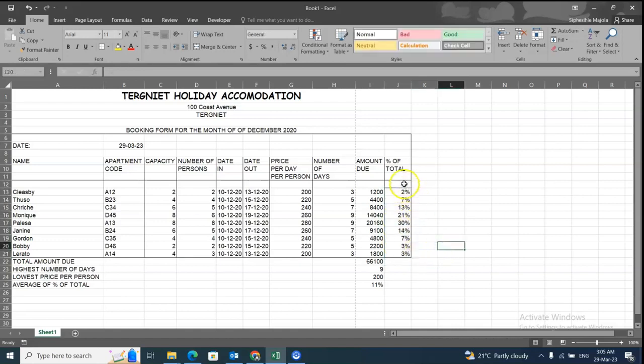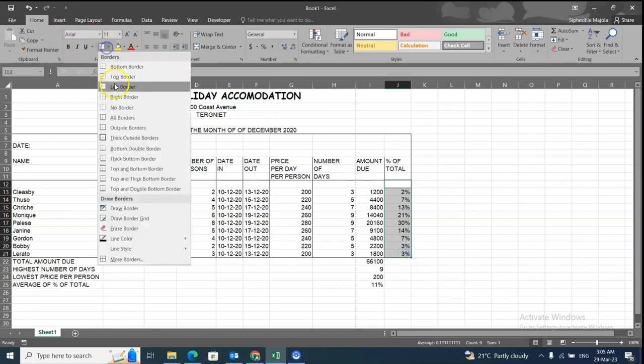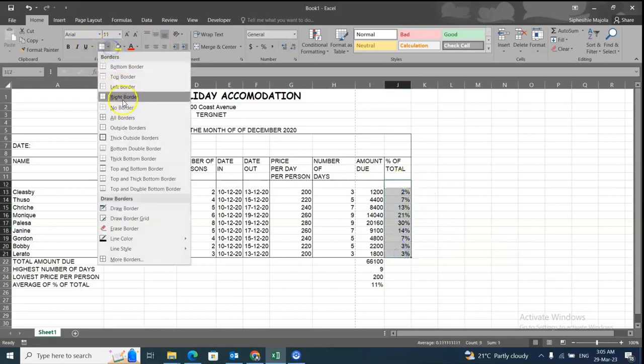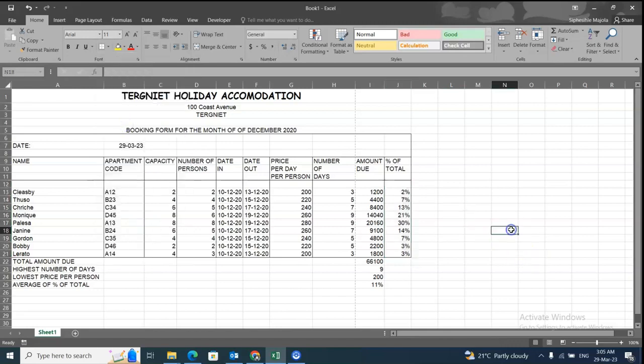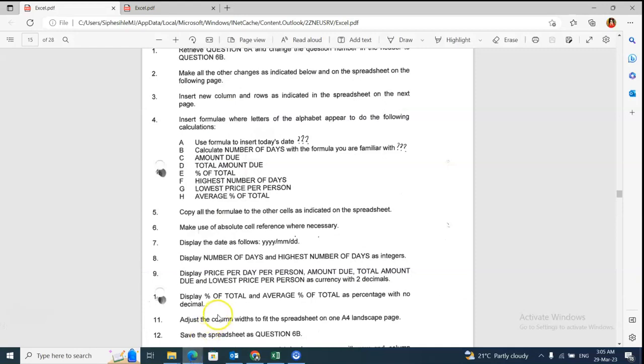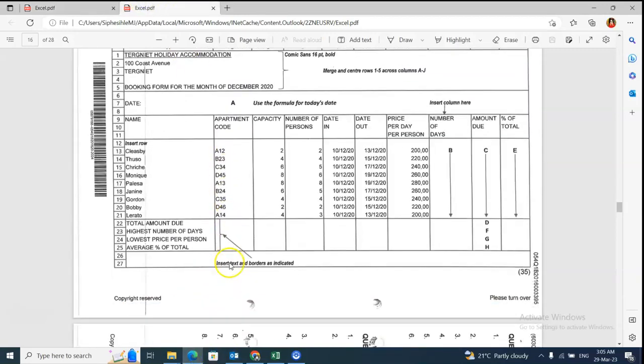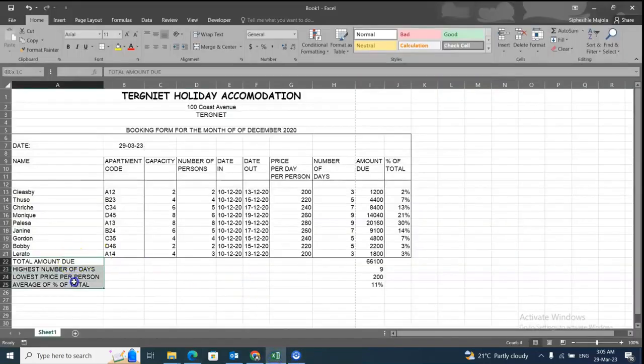Okay, and then again I may need to sort out my border issues here. So I'll say no border, and then I'll highlight again to say I want to insert outside borders. But again, this border issue should be done however you are comfortable and know how to do it best. Okay, so now I want to insert borders across.